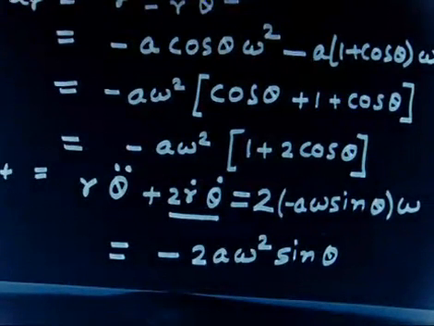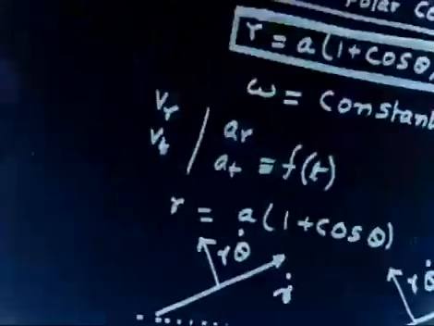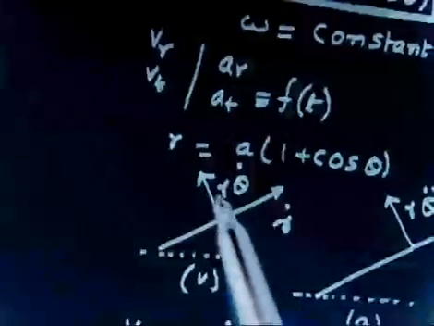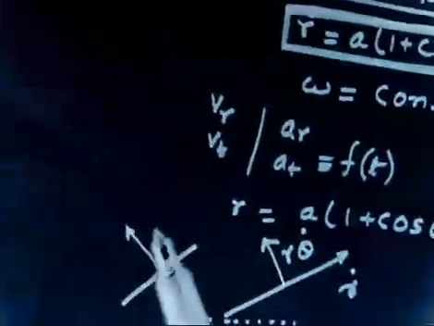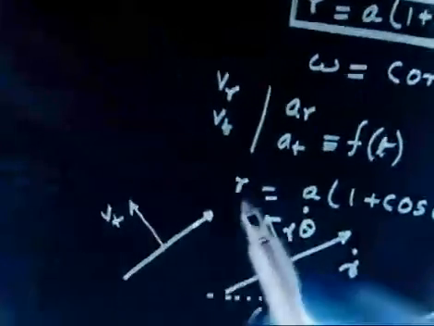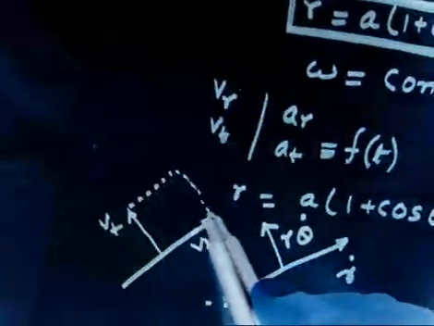If you want to find the total acceleration vector, you have to apply the square root of ar square plus at square. If you want to find the total velocity vector, you have to apply the square root of Vr square plus Vt square. If you are interested in the angle between the radial and tangential components, you take tan theta. Let us say on this side you have the tangential velocity, and on this side the radial velocity.